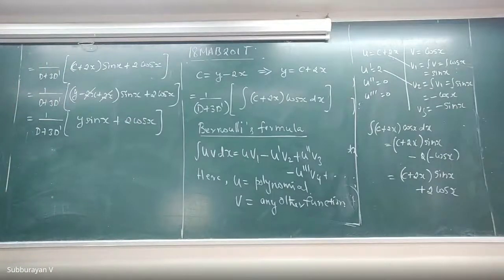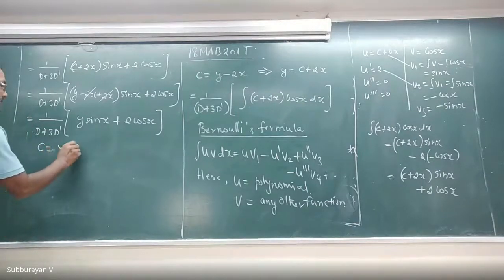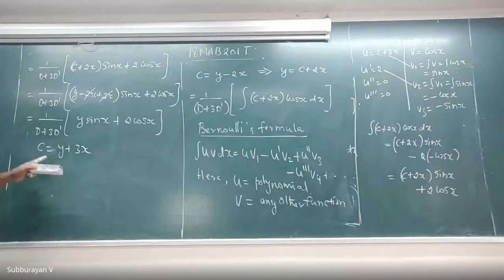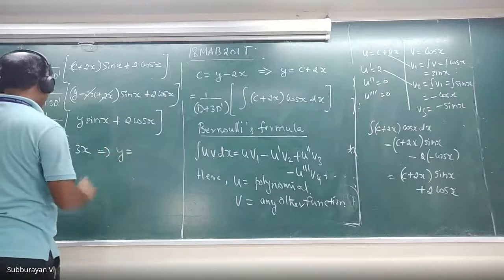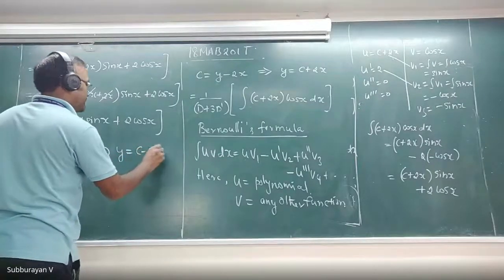Now I want to eliminate this operator. Therefore you choose c equal to y plus 3x, which implies my y is equal to c minus 3x.